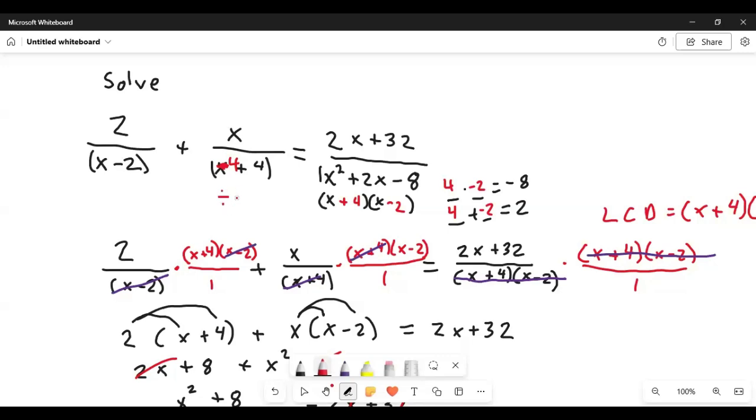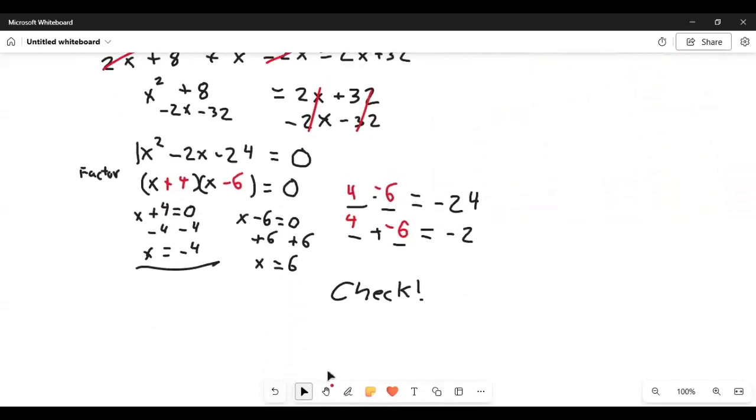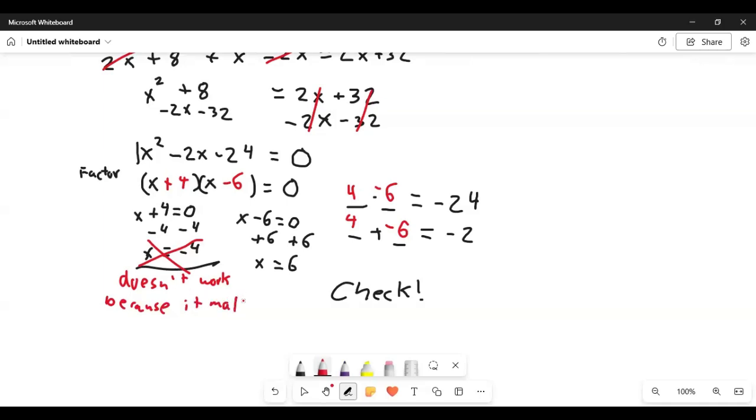You would end up dividing by 0 if you plug in your answer of negative 4. That's bad. So that really means that x equals negative 4 doesn't work because it makes you divide by 0 in the original problem.